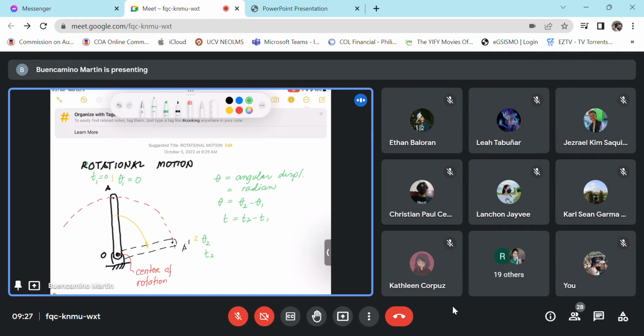Now, the rotation or rotational motion can also be described in terms of angular speed or angular velocity. And we use, class, omega as a symbol for angular speed or angular velocity.